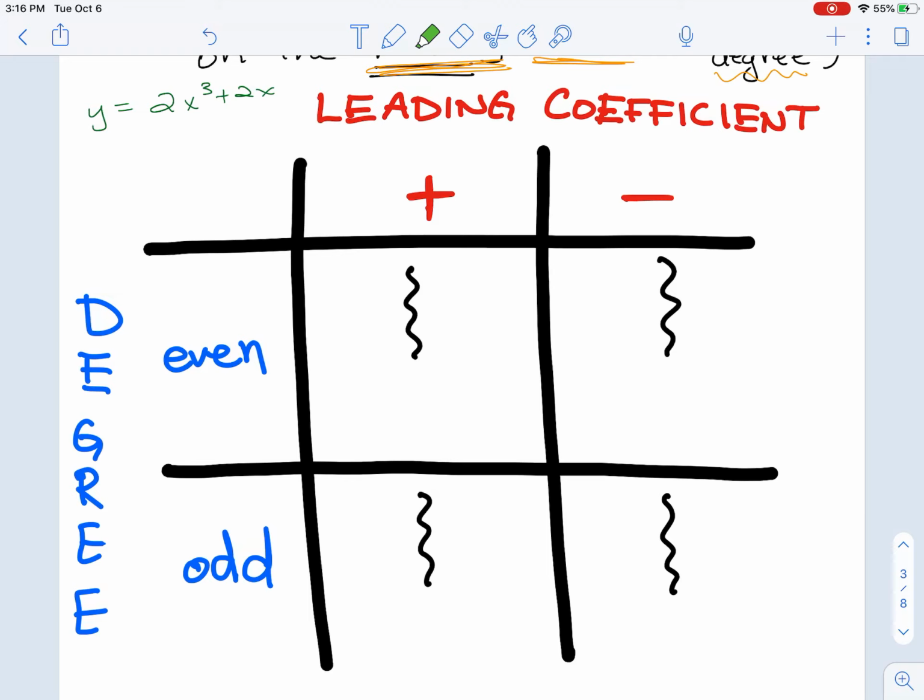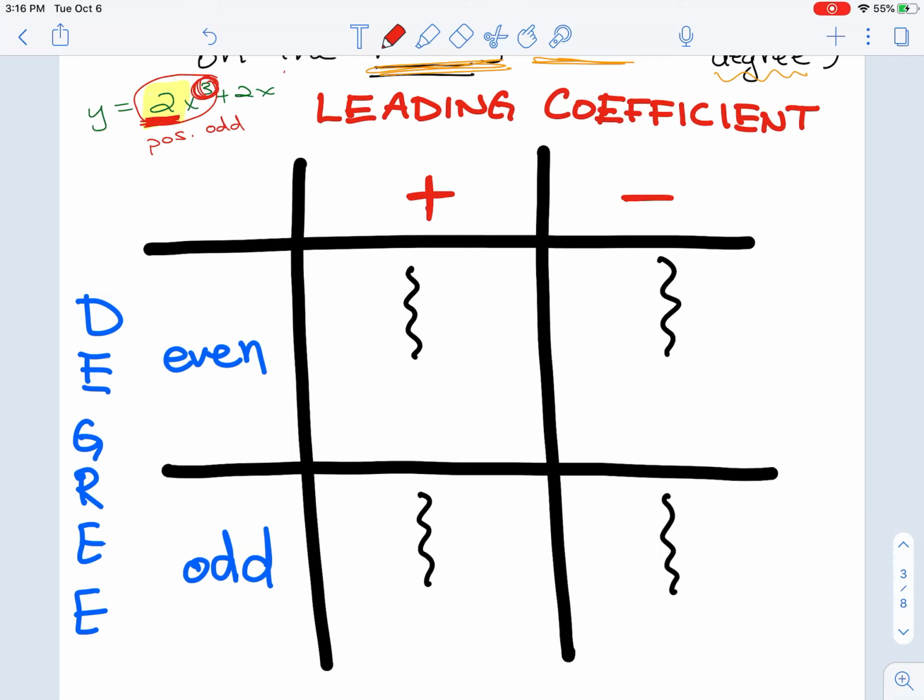What we'd be looking at here is the value of the leading coefficient on the highest term. So I know the degree of this polynomial is 3, which means we're going to be looking at this term right here. We're looking at the leading coefficient, which is a positive 2, and it has a degree of 3.